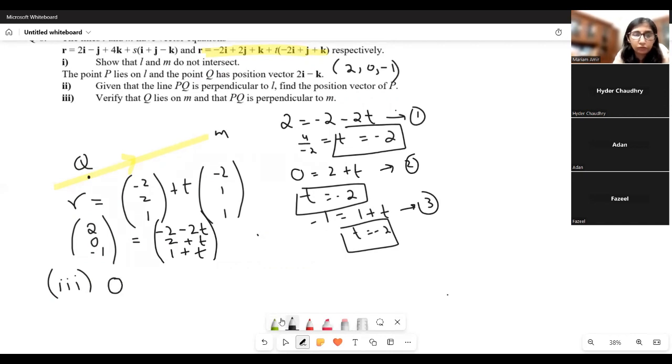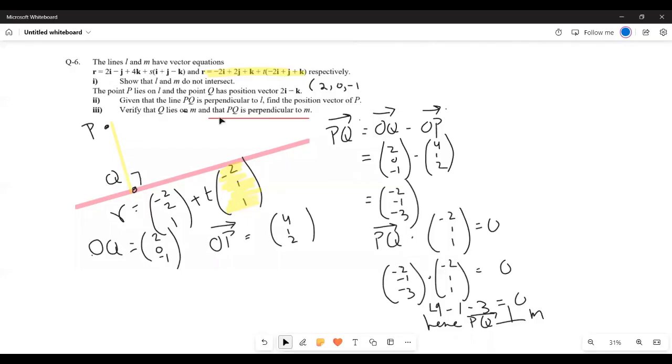So the position vector of OQ is, so I've done the solution of second part of part 3, which is show that PQ is perpendicular to M.